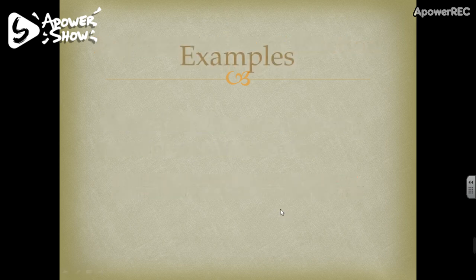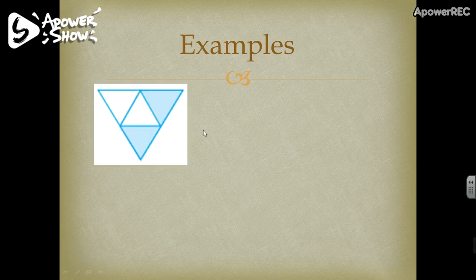Let's see some examples of fractions. Here we have a triangle. This triangle represents a whole thing. The whole is a single object, a single triangle, and it is divided into 4 equal parts.